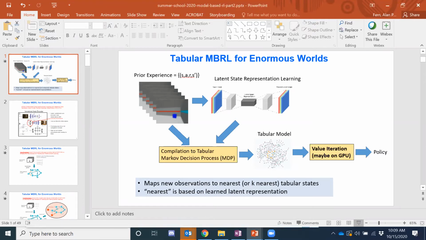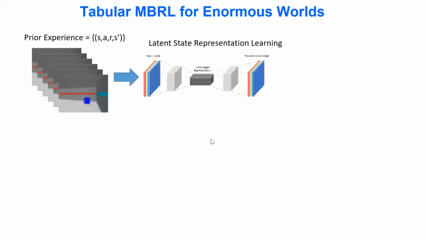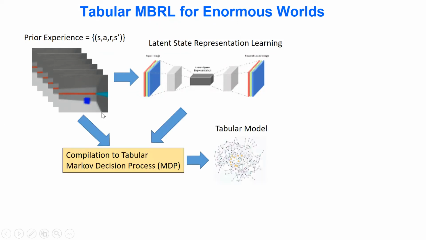So I'm going to show you some work on tabular representations. So one thing you could do is you could learn, this is sort of a general framework. So you have a set of data that you've collected so far by exploring the environment. And you could use, we're not going to get into details, but you could use different techniques and neural networks to come up with encodings, latent state encodings of the states.